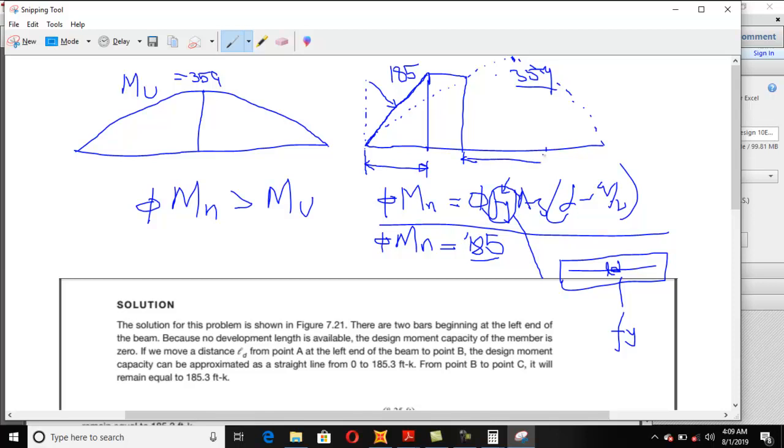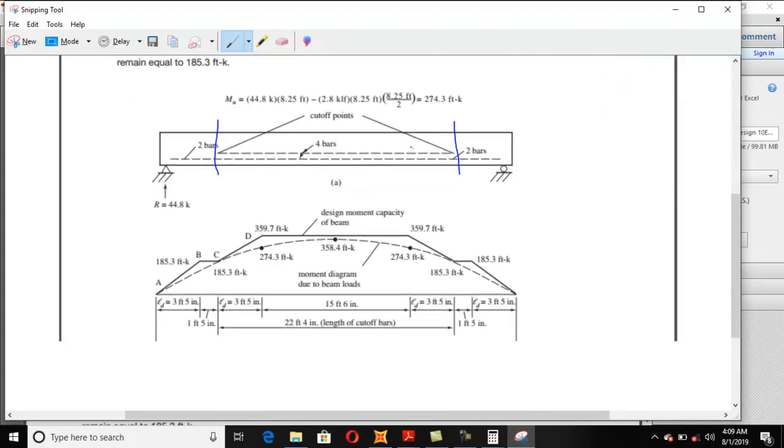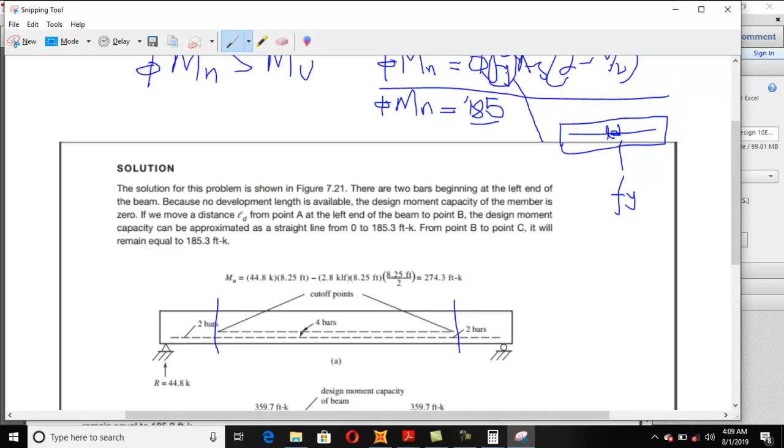Clear? You need to provide 4 bars, and those 4 bars give you a moment capacity of 359.7. Okay, it will give you this value, 358.